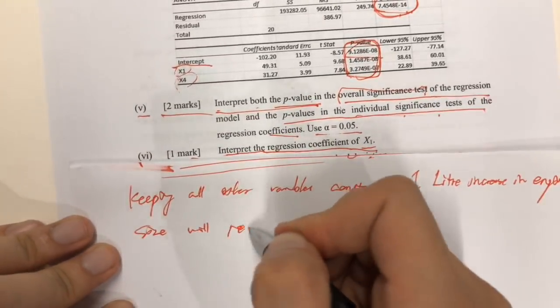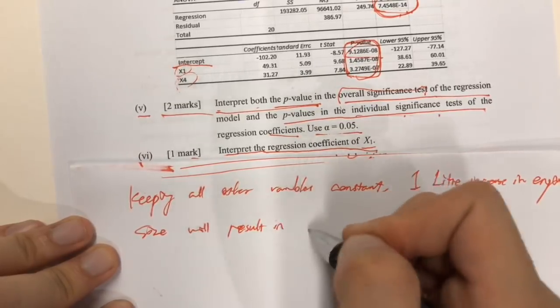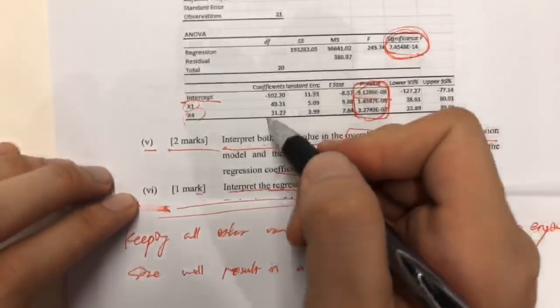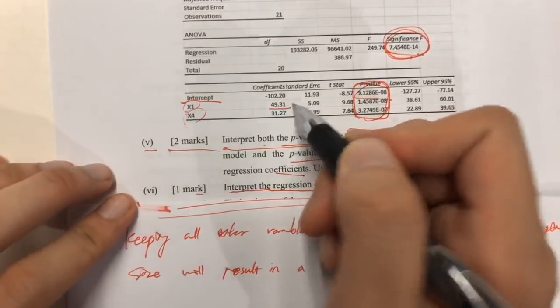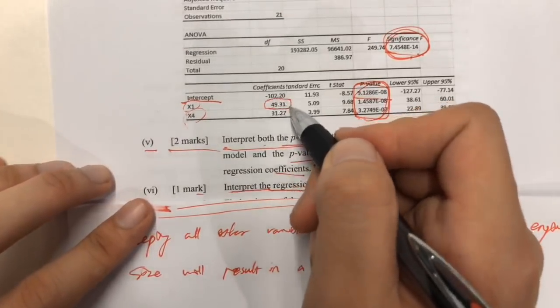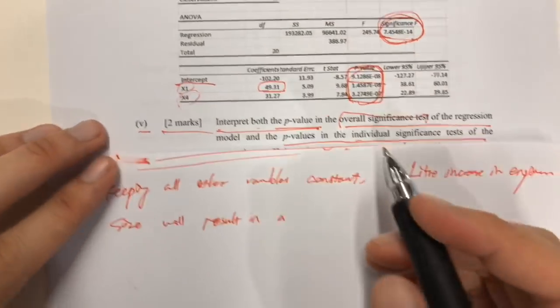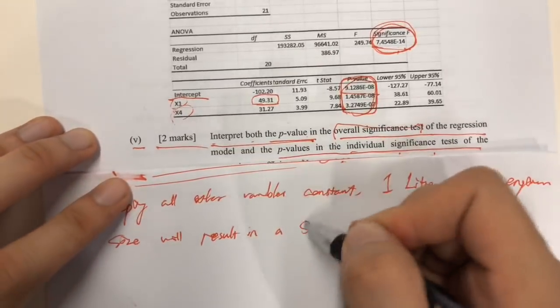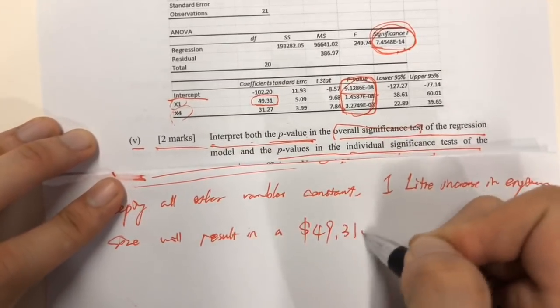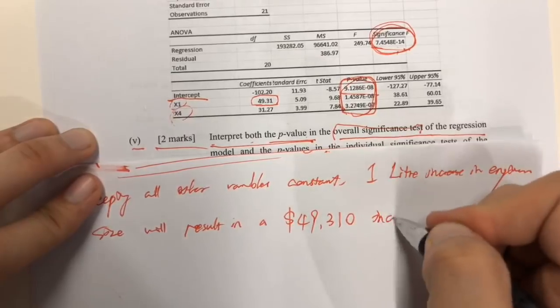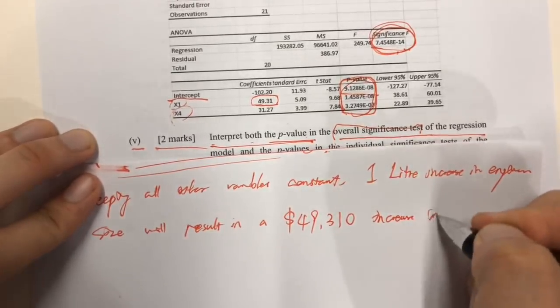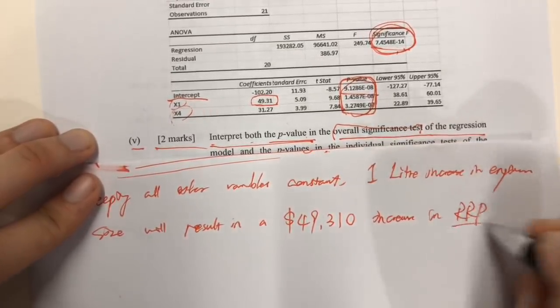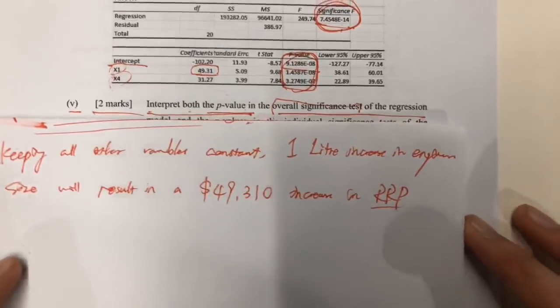will result in a how many increase? 49.31. But keep in mind, this unit is thousands of dollars, right? Will result in a $49,310 increase in the RRP, which is the recommended retail price.